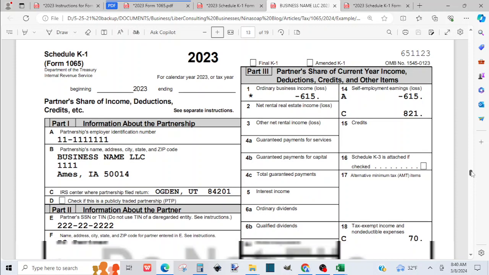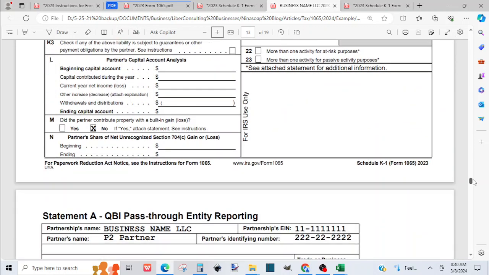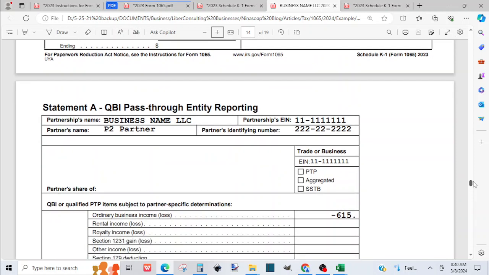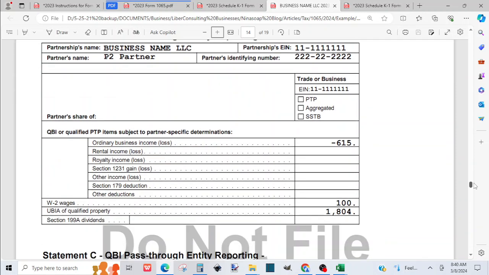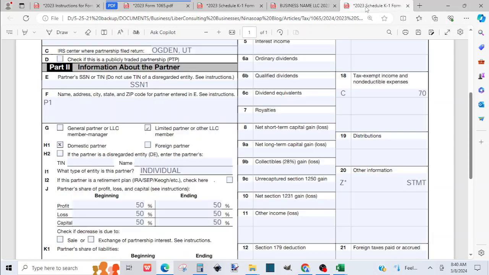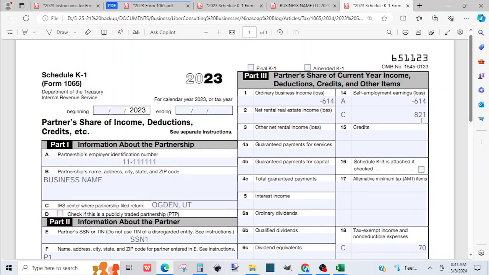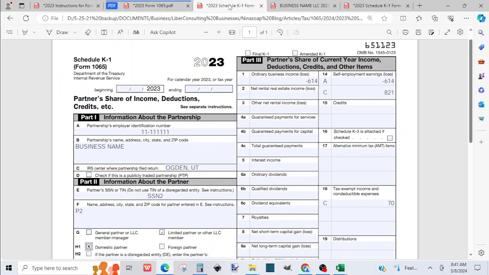This one is partner 2, and because it's 50-50, that entry will still be the same as the previous one that we saw, and the QBI related to that partner 2 person will be that. There is something I was saying before when I was doing this. One partner has 50% of this number, and the other one will have the remainder, because again, it needs to total to the full amount.